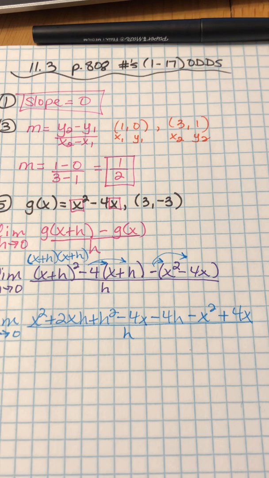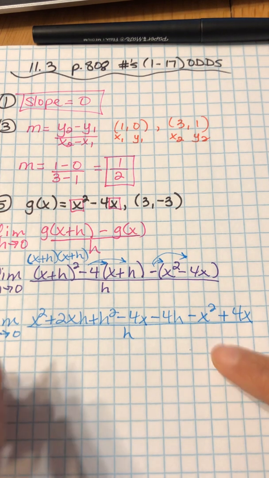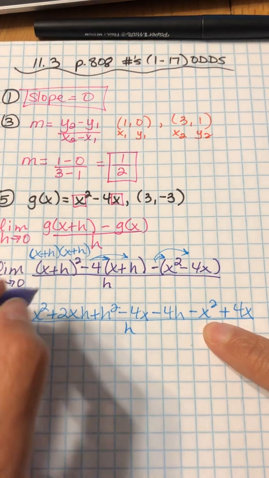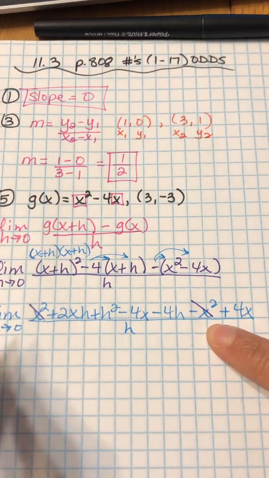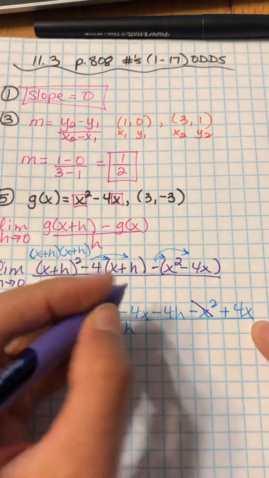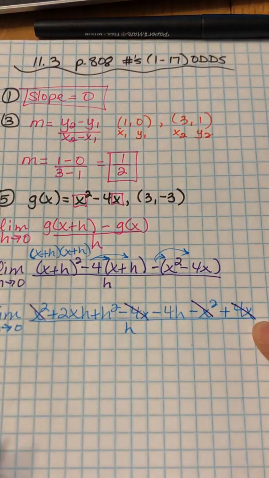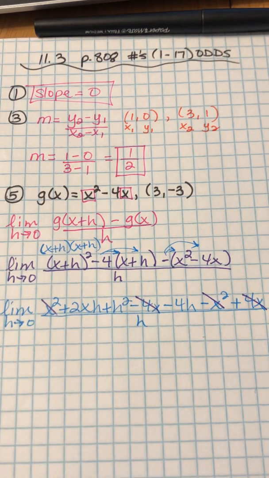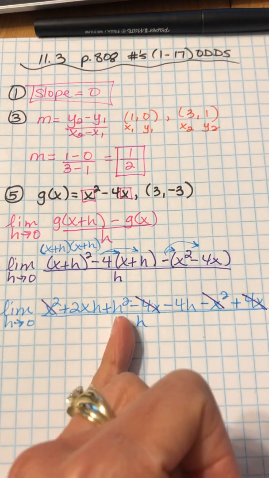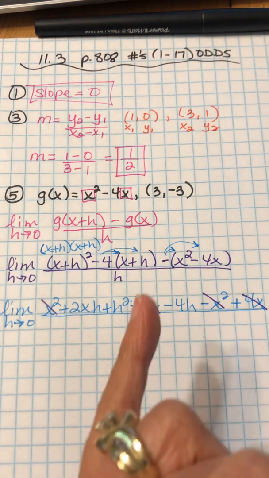So next, let's see, does anything cancel? I have a positive x squared and a negative x squared, so those will cancel. I have a -4x and a positive 4x, so those will cancel. And that's it. So now I see that I have 2xh, h squared, -4h, all over h.